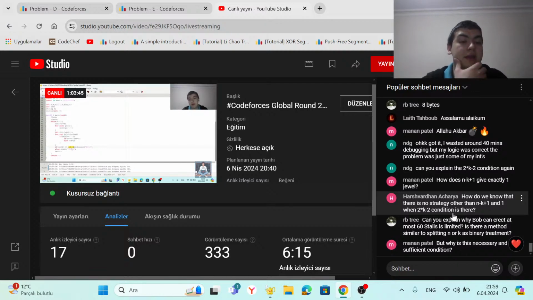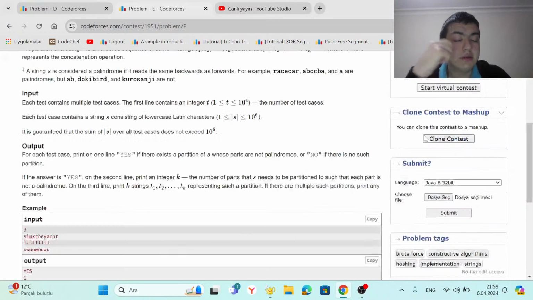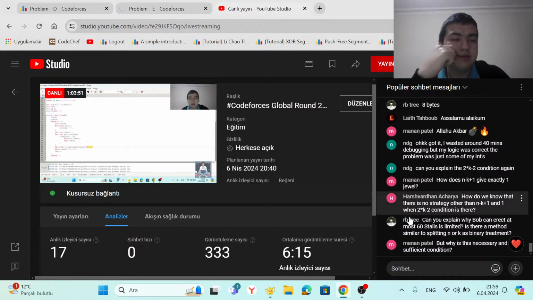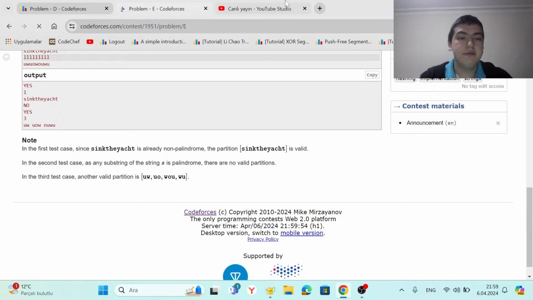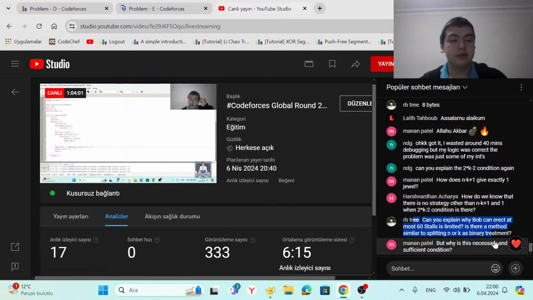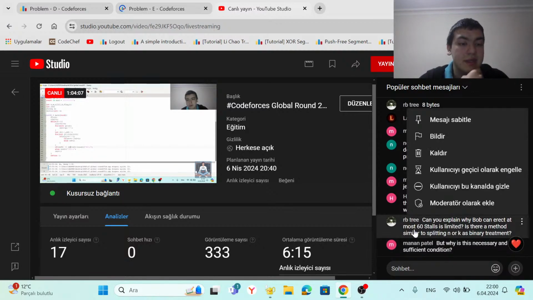I don't know, are there any other methods? Maybe the solution of the editorial is something else, and after the editorial has been published, you can look at the solution of the author. Maybe he used this 60 limit.